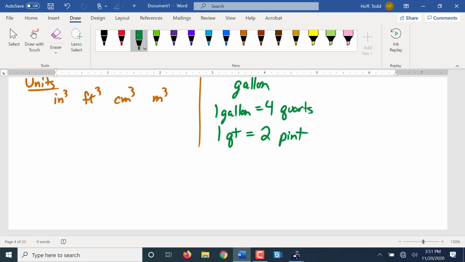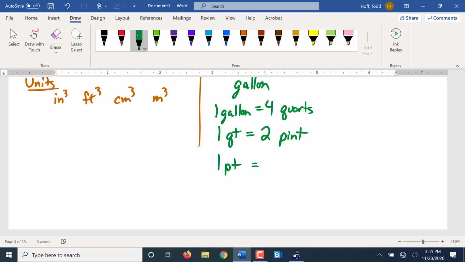The size of the pint stayed relatively the same, made a little bit larger to fit with the next smaller unit. But when they had to make the quart bigger so that 2 pints would fit in it, that's when the gallon had to get larger as well to still keep 4 quarts. So that's why the gallon is quite a bit bigger now. The standardized gallon is bigger than what the traditional gallon was.